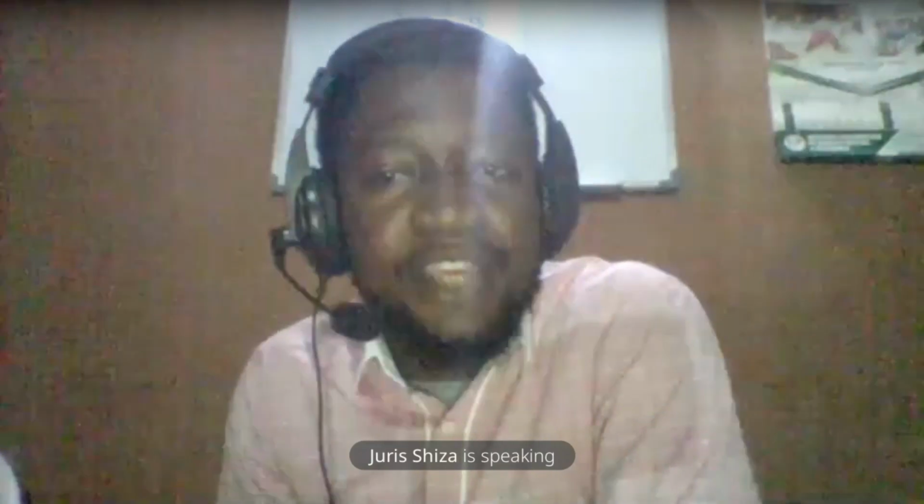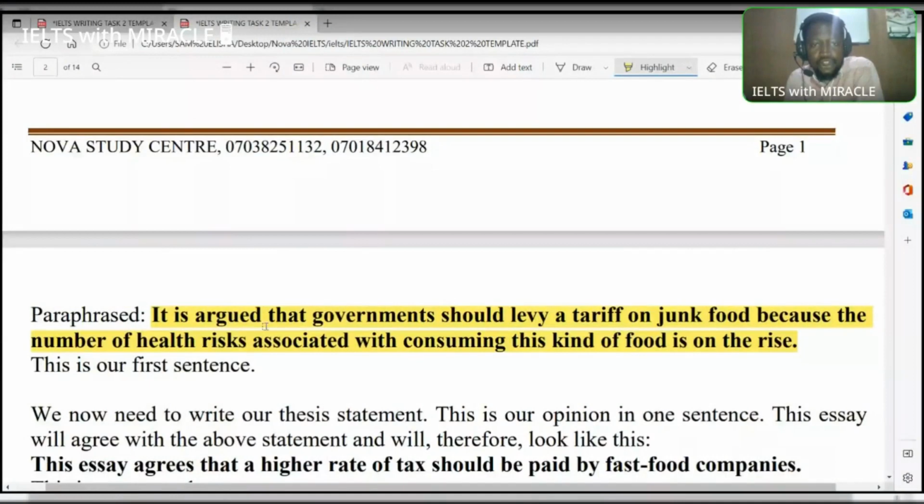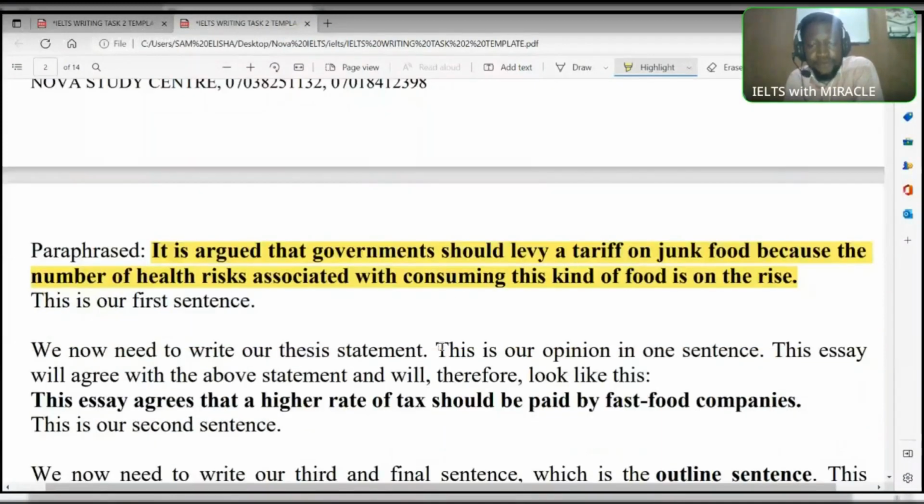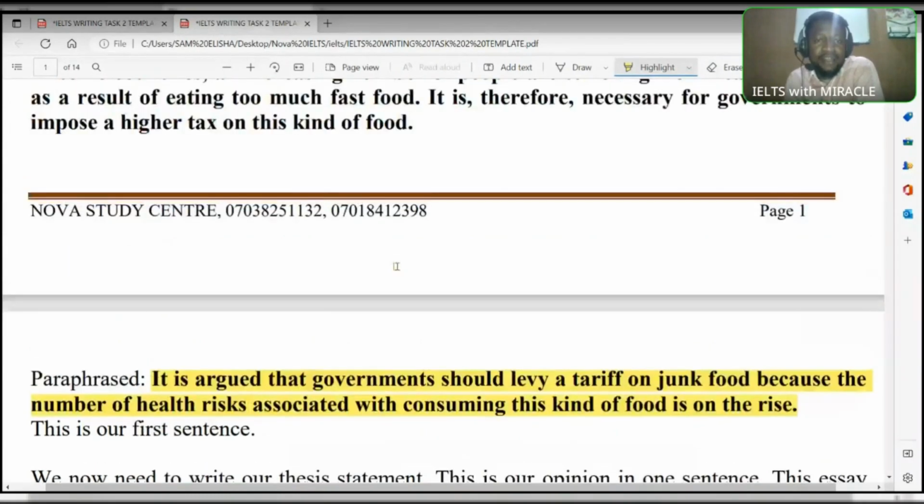Now, it is argued that governments should levy a tariff on junk food because the number of health risks associated with consuming this kind of food is on the rise. So you can see what has been done here.